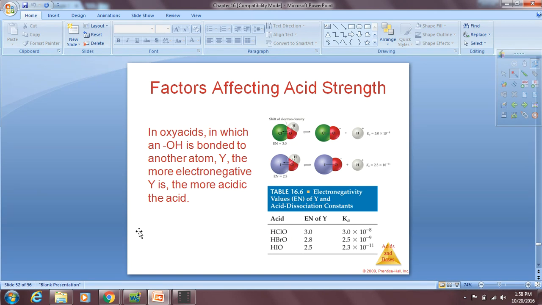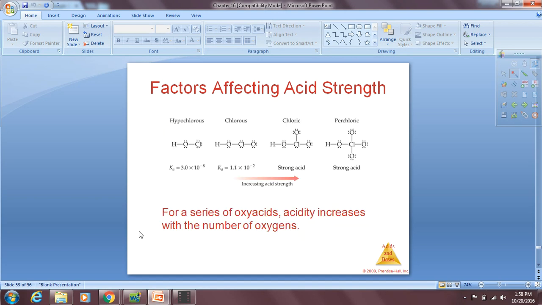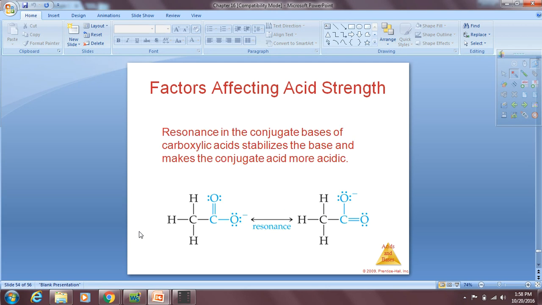The more electronegative the other atom, the more acidic the acid. For oxyacids, acidity increases with the number of oxygens. As I add oxygen, my acid becomes more acidic. There is resonance in some conjugate bases of carboxylic acids, and that stabilizes the base and makes the conjugate acid more acidic.